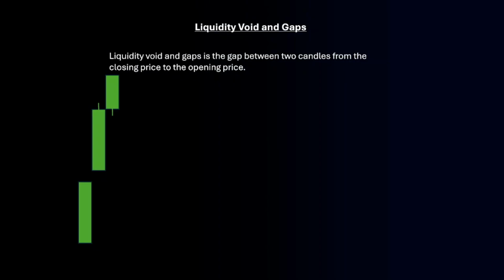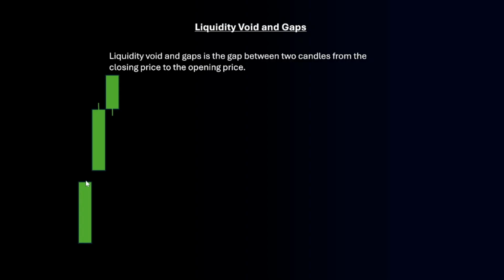Now, let's talk about liquidity void. On the liquidity void, from the closing price to the opening price, if there is no candle wick within that gap, showing that a candlestick has filled the gap, that is a clear liquidity void.